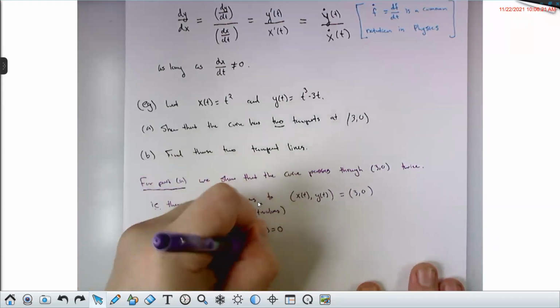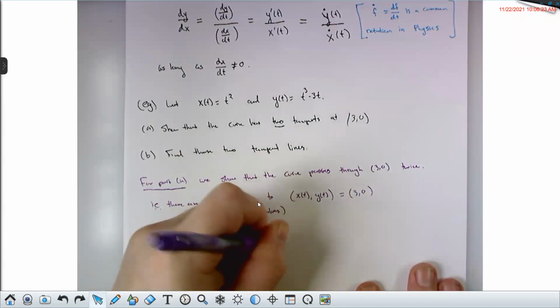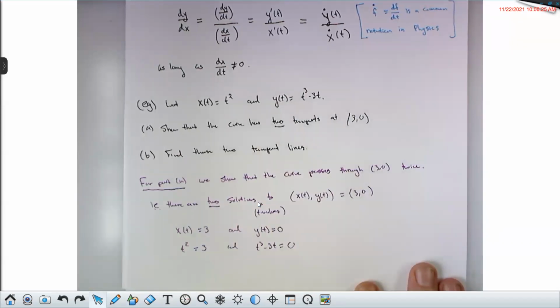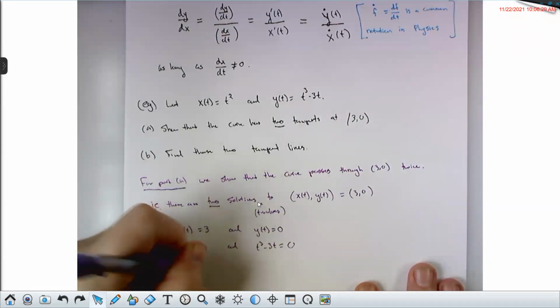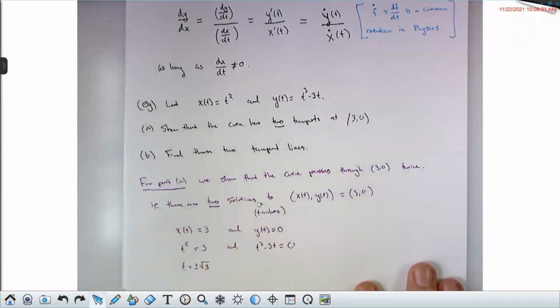And y(t) is t cubed minus 3t, which is equal to 0. This gives me t equals plus and minus the square root of 3. Boom, there's your two solutions.